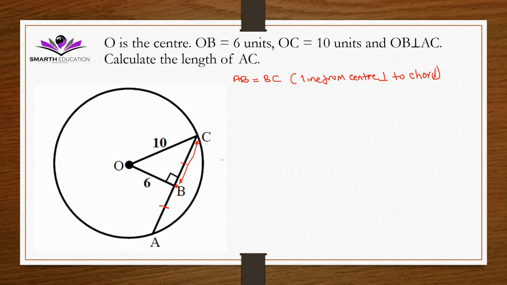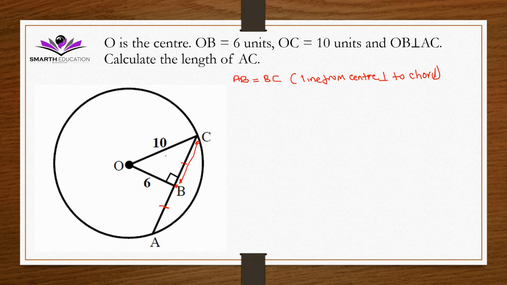If we check triangle OBC, follow the lines there, do you see triangle OBC? What type of triangle is that? It is a right angle triangle, so we can use the Pythagoras theorem here. Which one is the hypotenuse? OC is the hypotenuse.